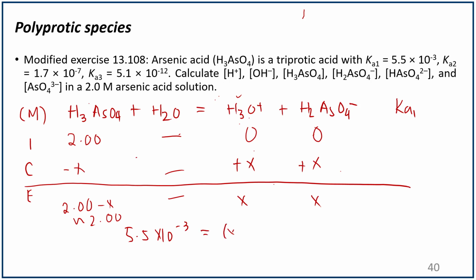So that's hydronium times H2AsO4 minus divided by the concentration of arsenic acid. So that is 2.00. Okay. And if we actually solve here for x, x should give you 0.105 molar.